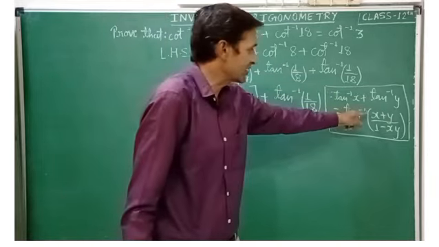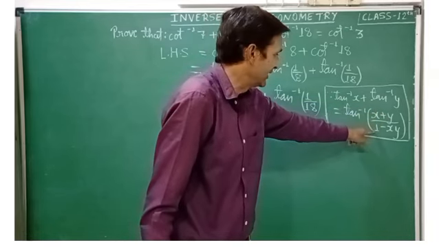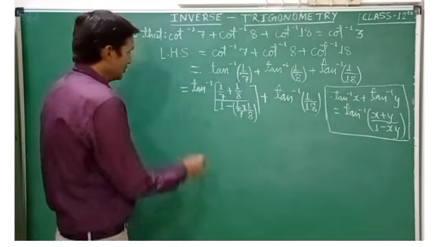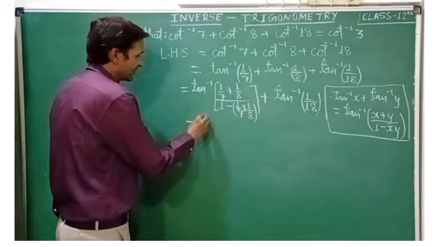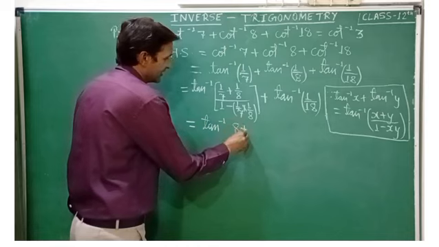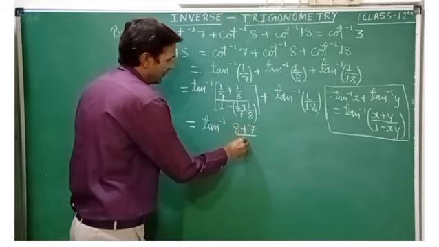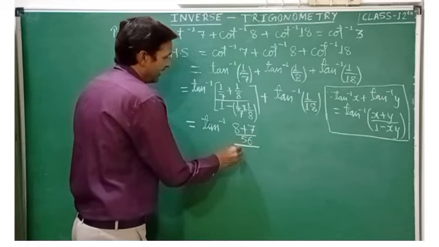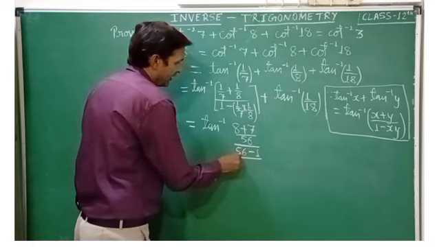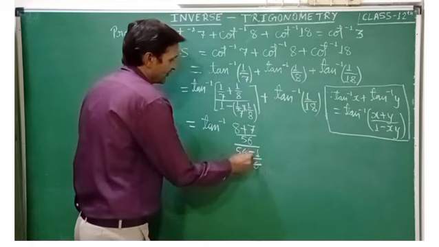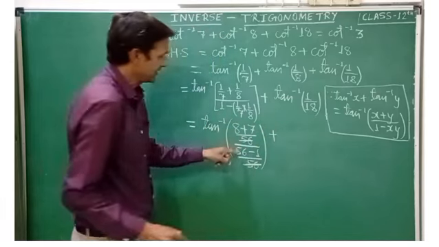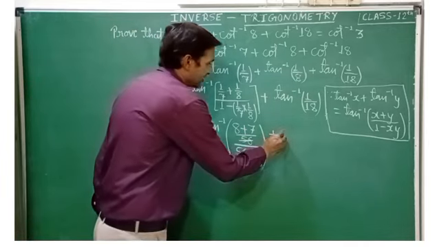On taking LCM, this will become tan inverse of 8 plus 7 upon 56 over 56 minus 1 upon 56. So this 56 will be cancelled. It will be tan inverse of 8 plus 7 upon 56 minus 1.